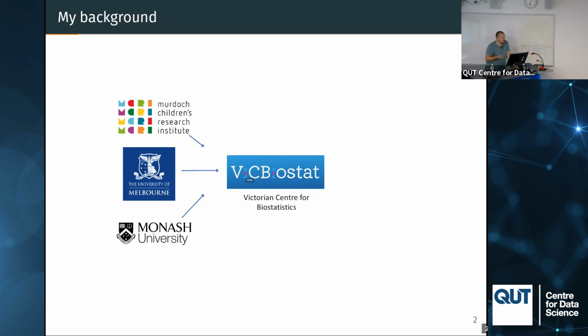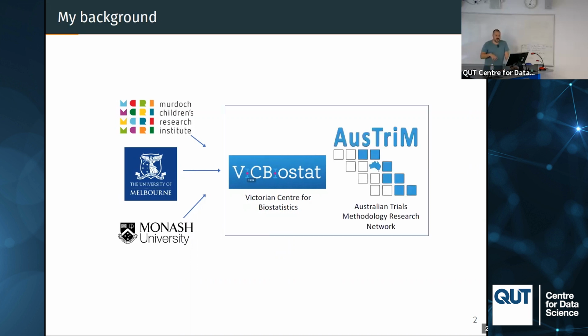Initially, it was funded by an NHMRC Centre of Research Excellence grant, I think in 2011, but it's still going. And I'm also involved in the Australian Trials Methodology Research Network. That's in many ways a continuation of the Vic Biostat network, but with a national focus and a much greater methodological focus on trials.